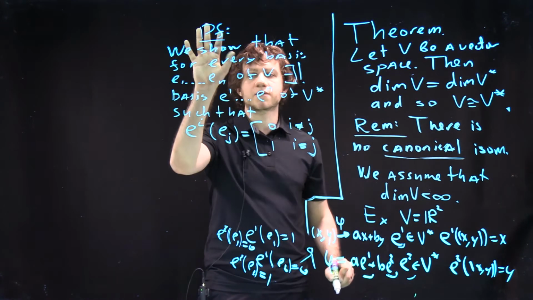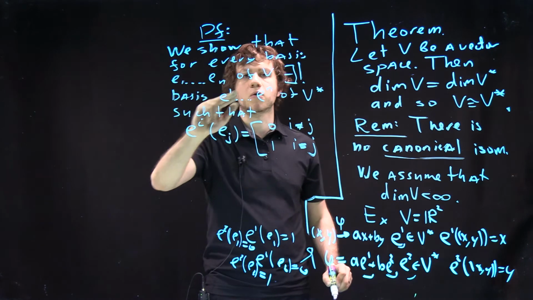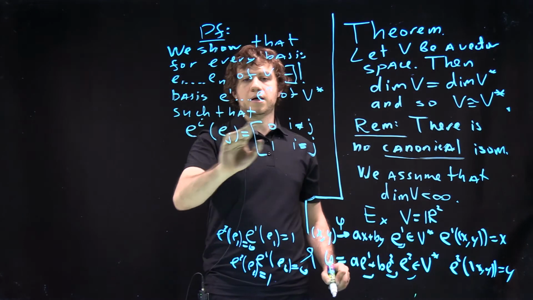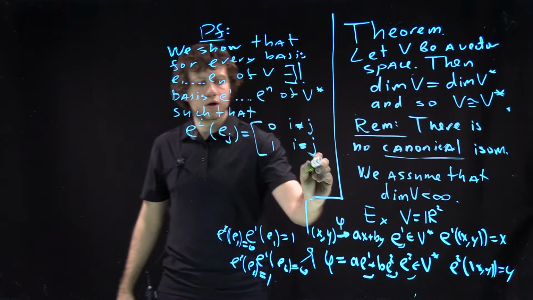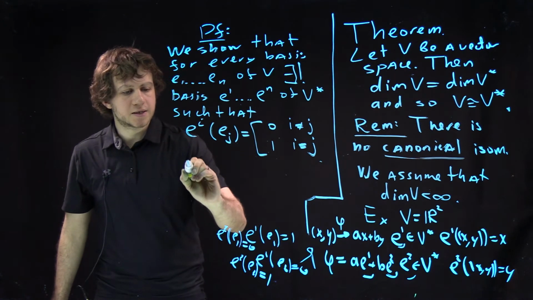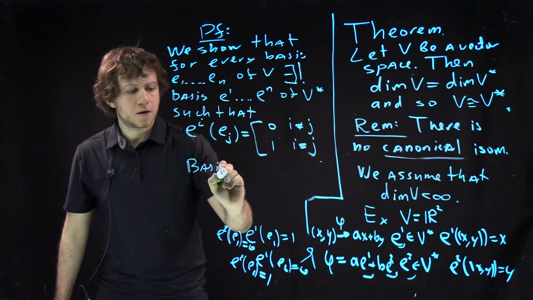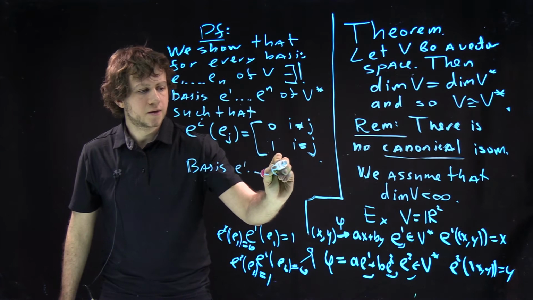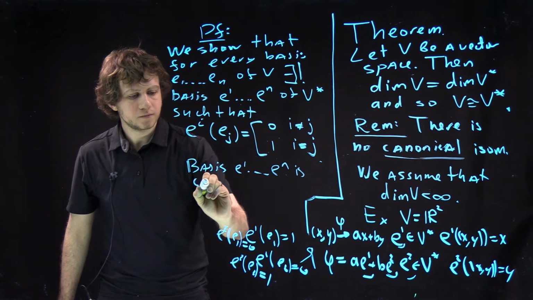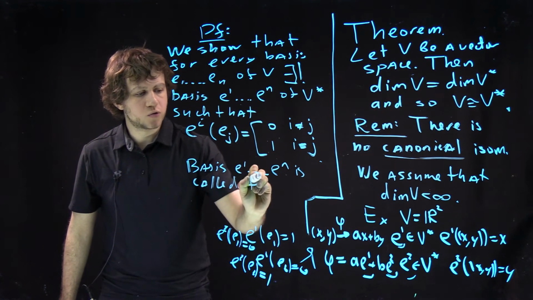So now I will prove that for every basis you can find another basis of the dual space having this property. Remark: this basis e1*, ..., en* is called the dual basis.